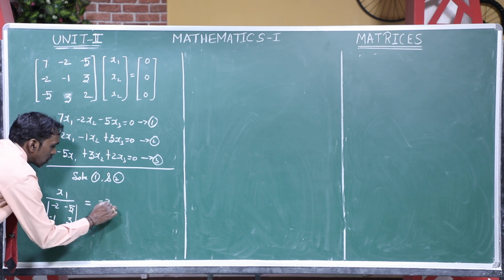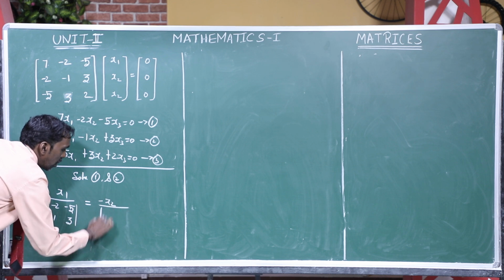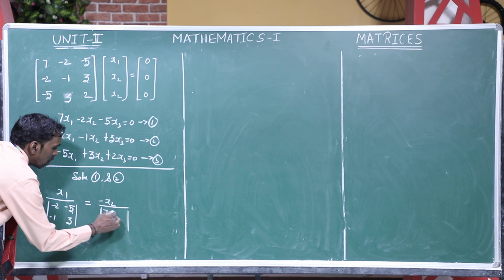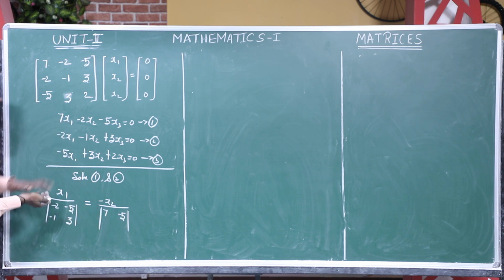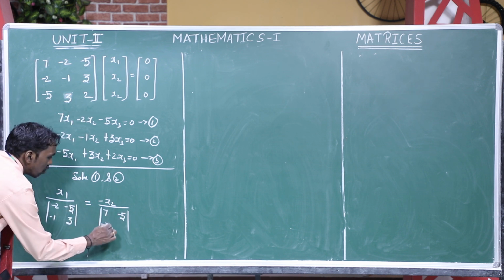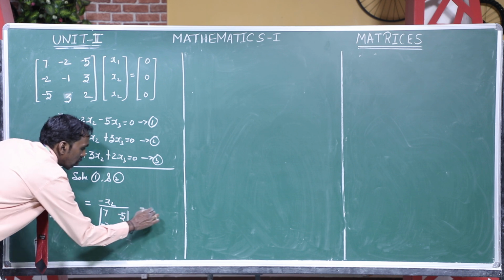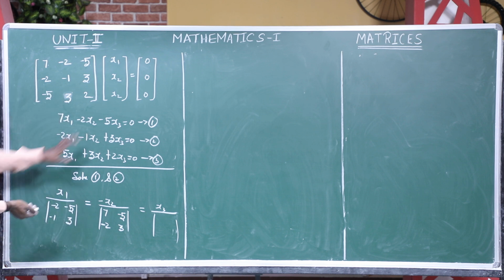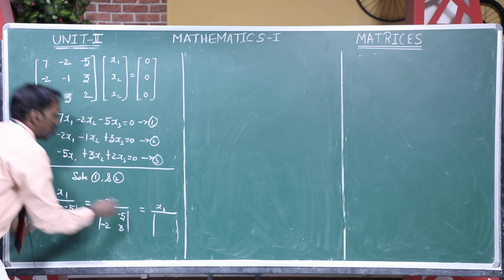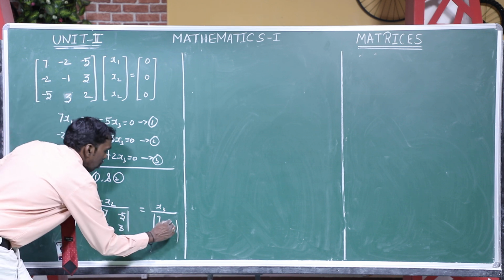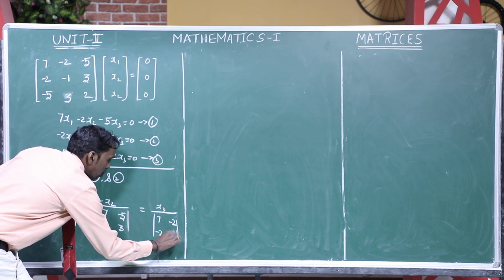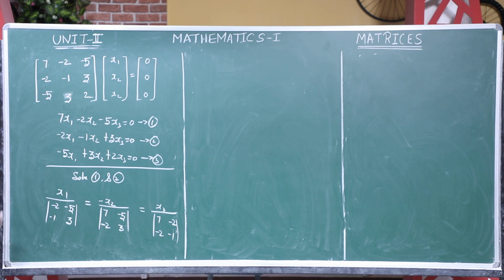So this will be minus x2 divided by the determinant 7, minus 5, minus 2, 3. Then what about your x3? Similarly, leave out the x3 column. So therefore 7, minus 2, then minus 2, minus 1. You have to simplify. You get the x2 vector.